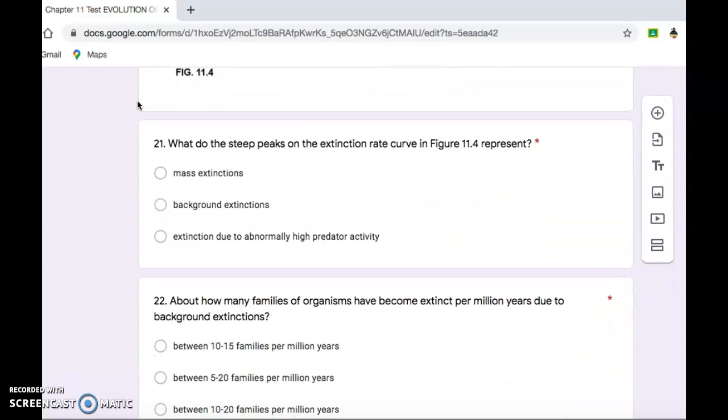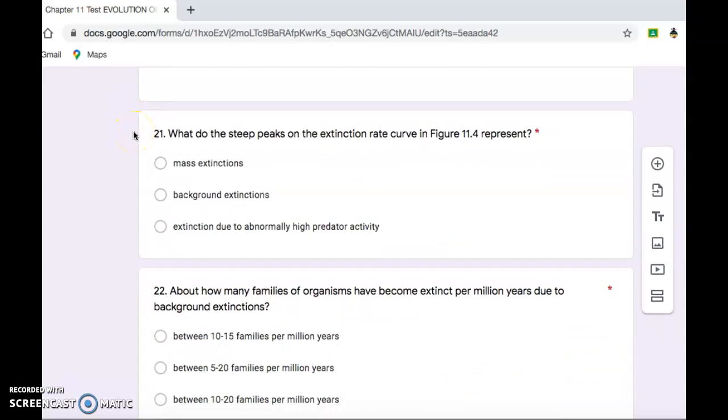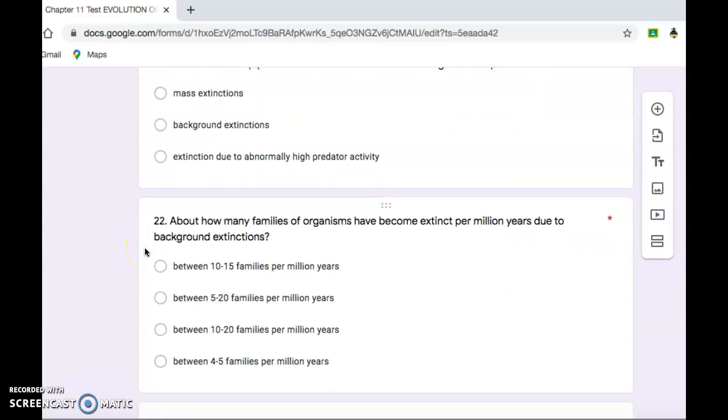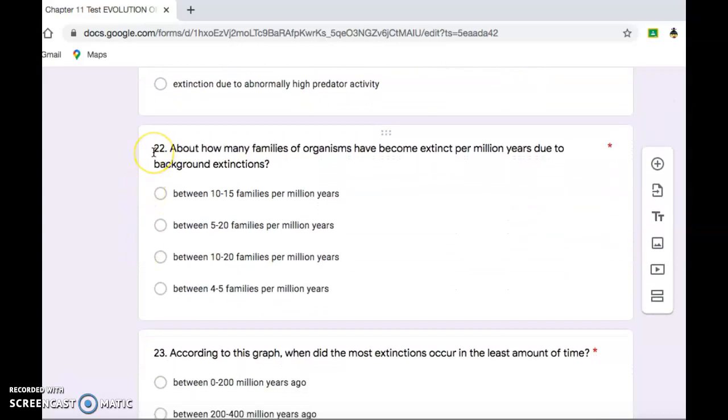Number 21. What do the steep peaks on the extinction rate curve in figure 11.4 represent? Mass extinctions, background extinctions, extinction due to abnormally high predator activity. Number 22.